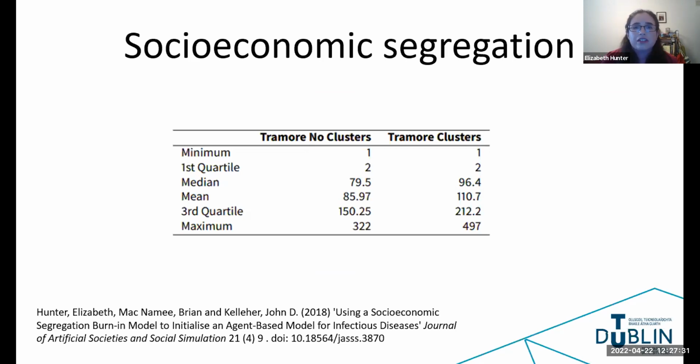If we want to look at neighborhood characteristics and how these might impact an outbreak, having this small scale, so a town, but highly detailed model is important, because then we can see how the interactions of a town center might lead to a higher outbreak, or how the interactions of socioeconomic vaccination rates and socioeconomic groups living in clusters lead to larger outbreaks.